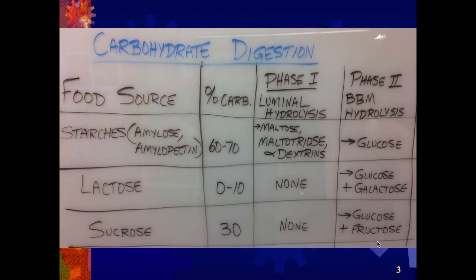And then next phase is actually on the brush border membrane. That's what BBM is, brush border membrane. See those 2 steps? Starch goes into the gut, it's in solution, digestion starts. Some of those digestion products now move to the surface of the intestinal cells, second step of digestion.